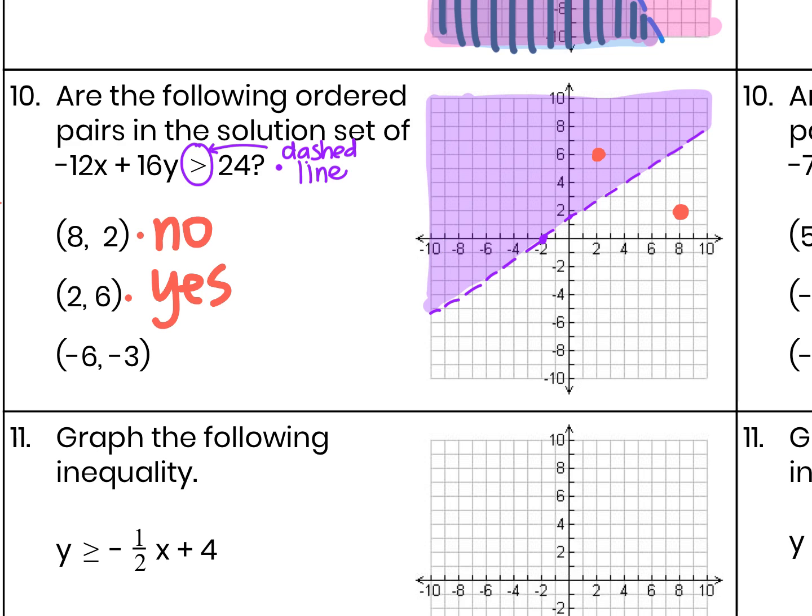Then the third one, negative 6, negative 3. So this is what I was talking about. This one is right on the line. Does that count as the solution or not? Well, this line is a dashed line. So this one is no. If it had been solid, then it would have been yes.